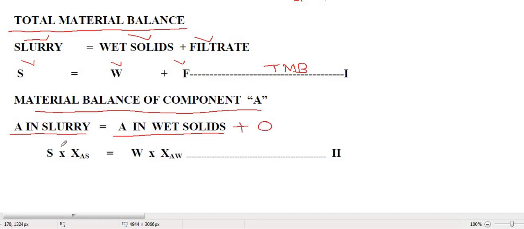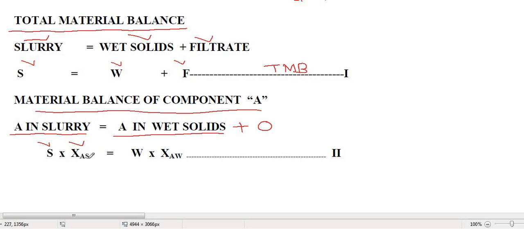And therefore we get this equation: A in slurry, that is solids in slurry, is equal to solids in wet solids. And how is solids in slurry given? Solids in slurry is given by amount of slurry times fraction of solids in slurry, S into XAS.